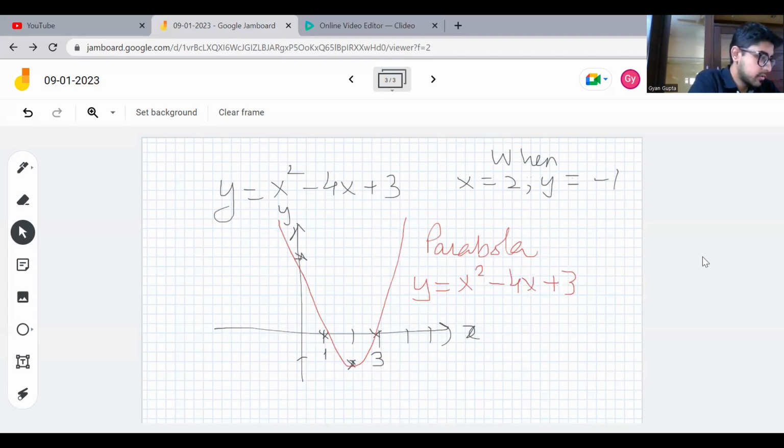The points where the parabola touches the x-axis are called zeros or the roots. Now let's come to the next page.